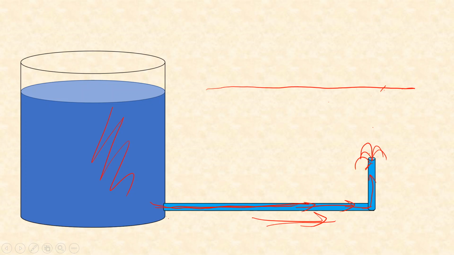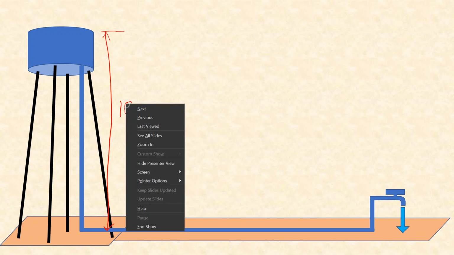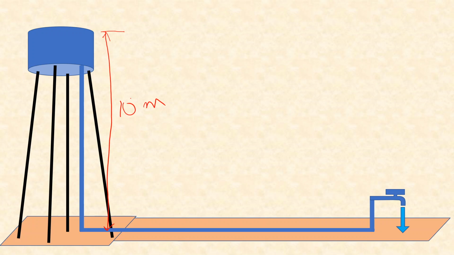Now let's take another example. So this is a very household example. Suppose you have an overhead tank. In this tank, let's say you have water up to, from this level, the water level at this point is suppose 10 meter, and you have your tap at 1 meter height.